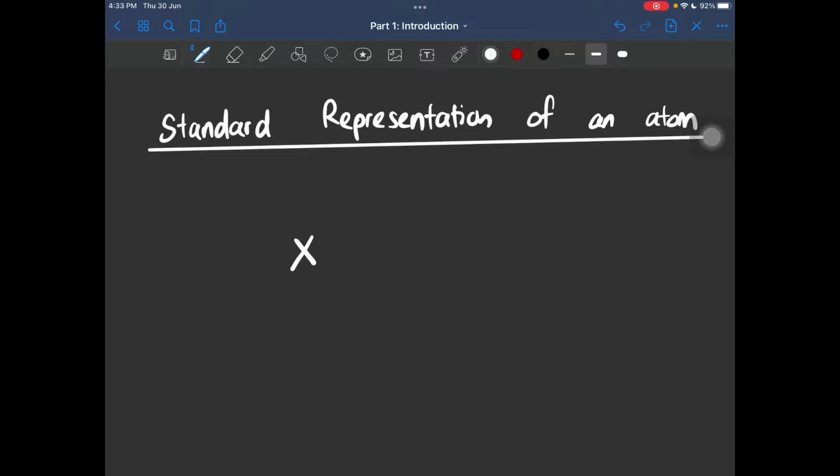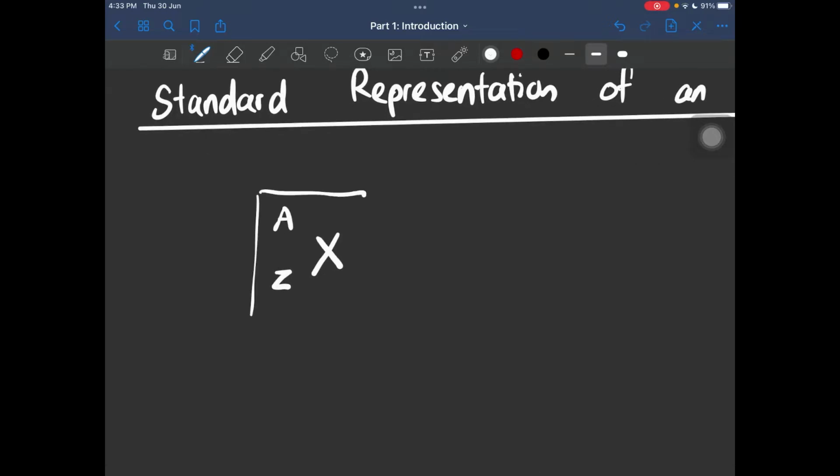Then we will go on to write the nucleon number. The nucleon number is positioned on the upper left corner of the symbol of the element, and it is denoted by A, right? And then we have the proton number of the element, which is denoted by Z and is placed on the lower left corner of the symbol of the element.